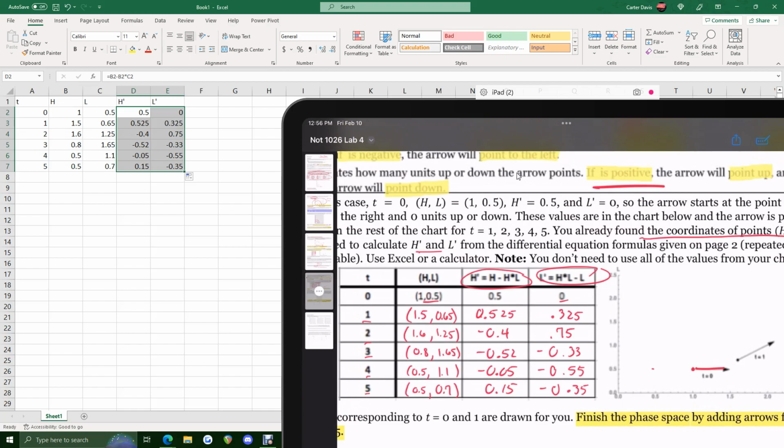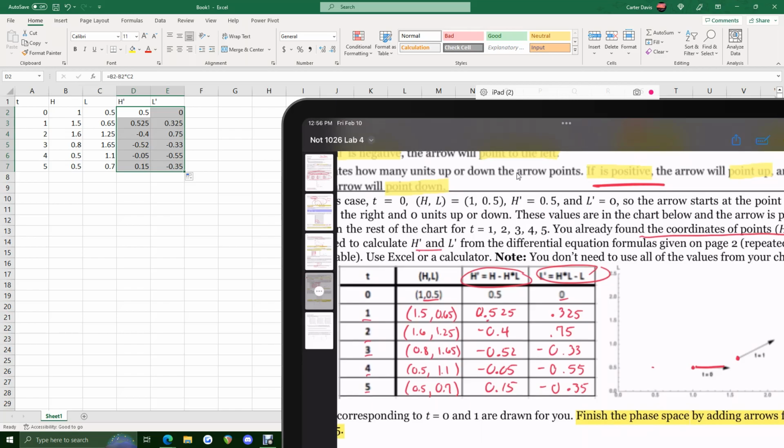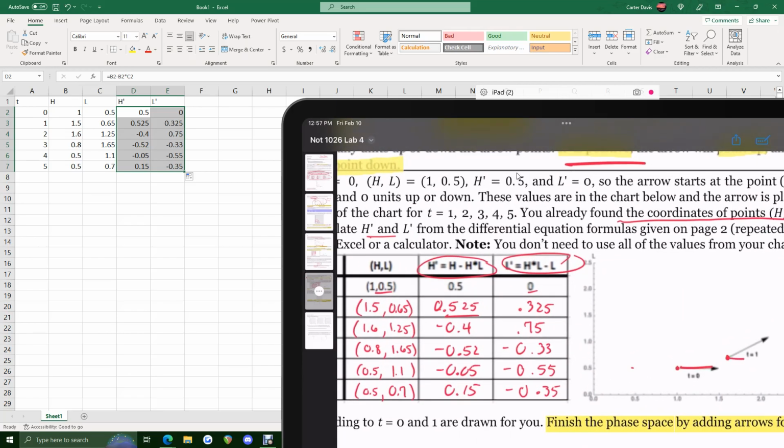We have 1.5, 0.65, which looks a little different from what they have, but hopefully this is still valid. They go to the right by about 0.525, and then up by 0.325. I'm reading these values here, and so they've done that line for us.